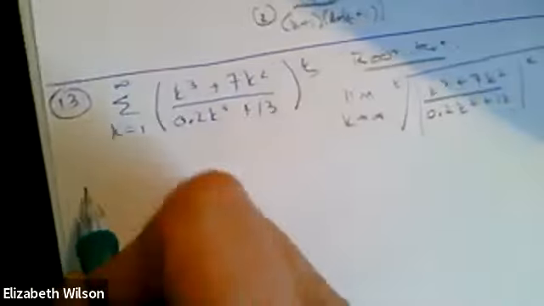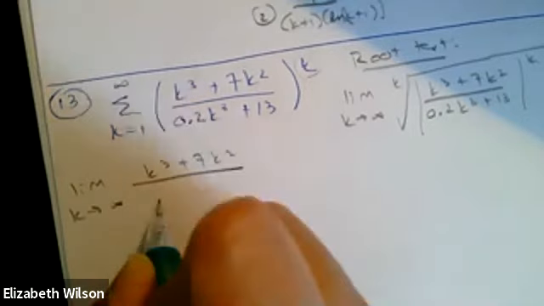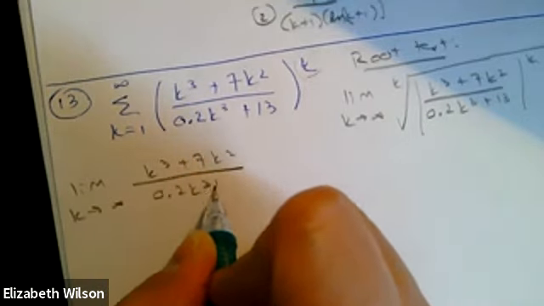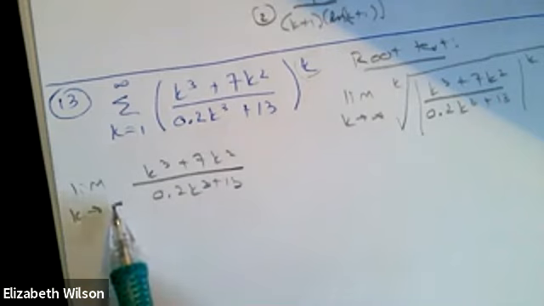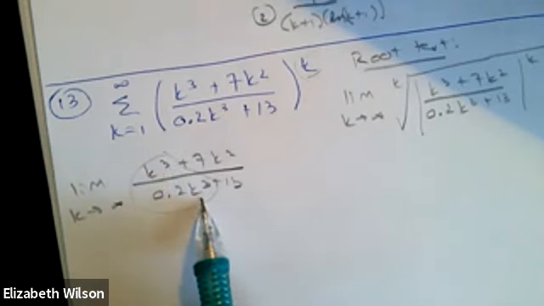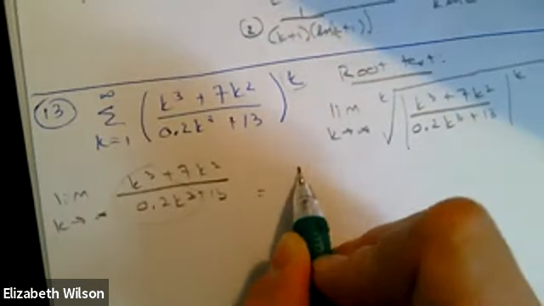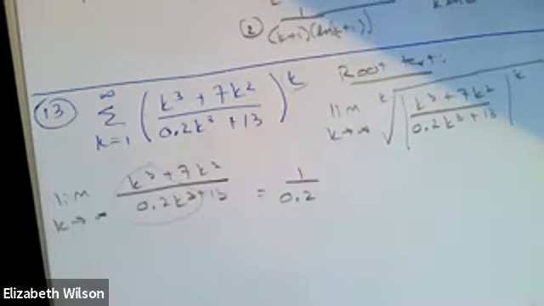So then I'm left with the limit as k goes to infinity of k cubed plus 7 k squared over 0.2 k cubed plus 13. As k goes to infinity, I'm looking at my highest degree terms, k cubed and k cubed. So I've got 1 over 0.2. So this thing is going to reduce down to 1 over 0.2.